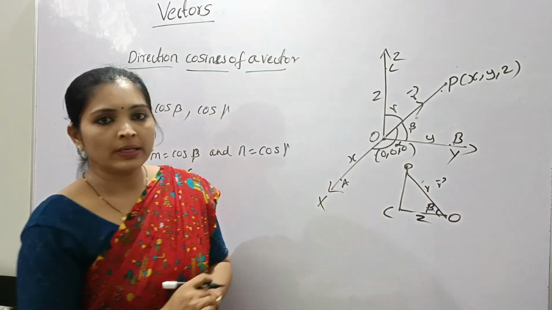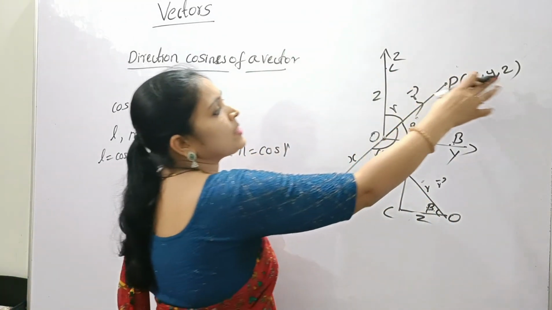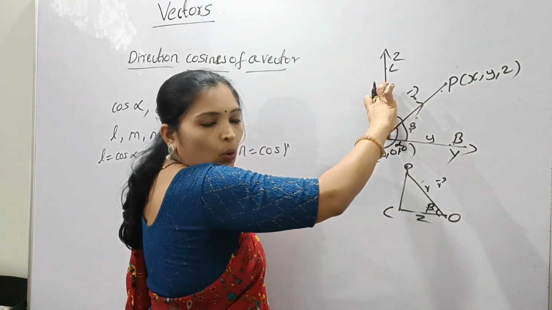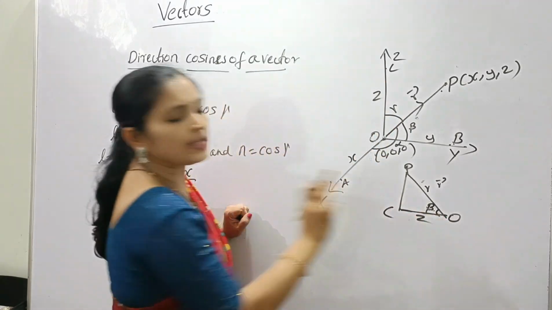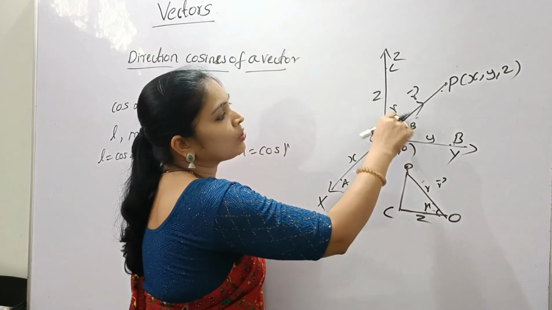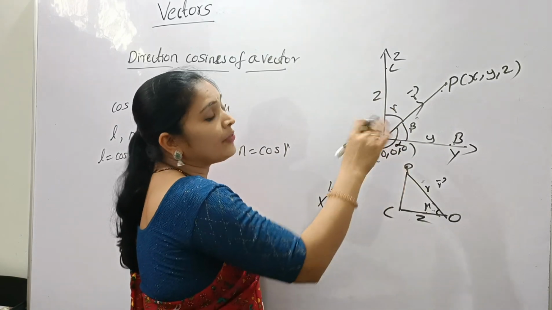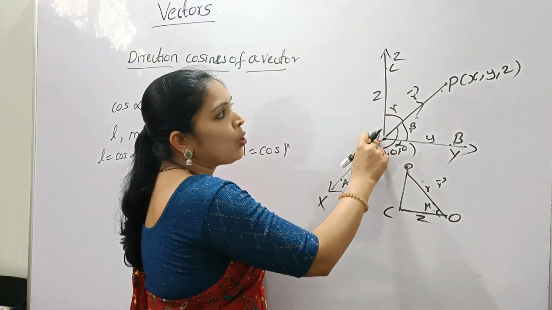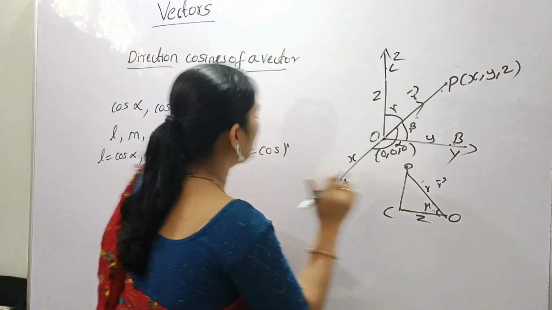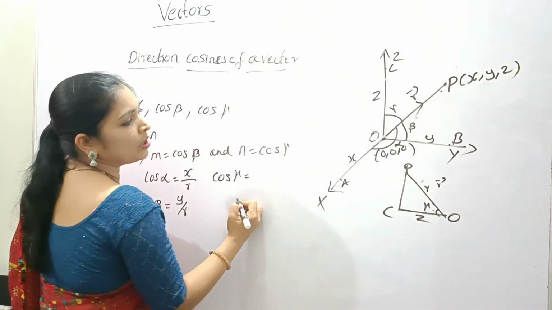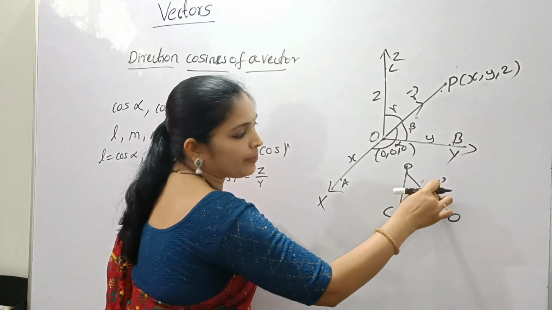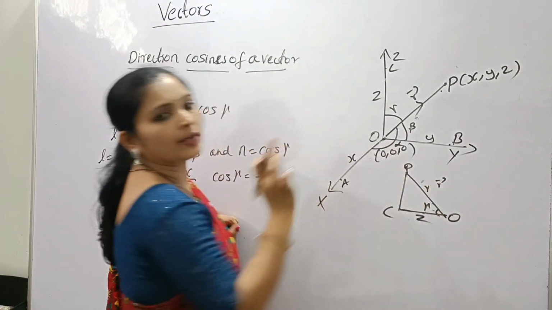It is Z, because the point is P of X, Y, Z. Therefore this length is X, this is Y and this is Z. Here the distance is Z and the hypotenuse is R, and the angle is gamma. In this triangle OCP right angled at C, we can write cos gamma is equal to adjacent divided by hypotenuse, therefore Z divided by R.